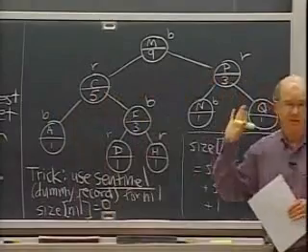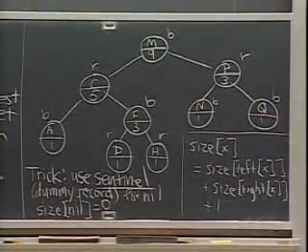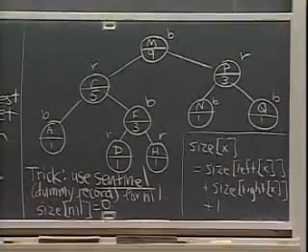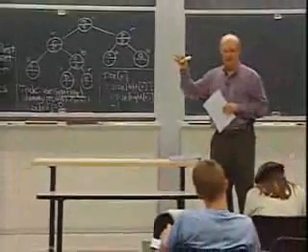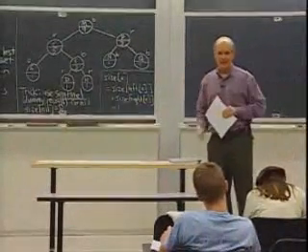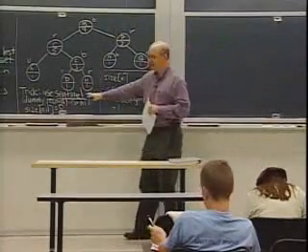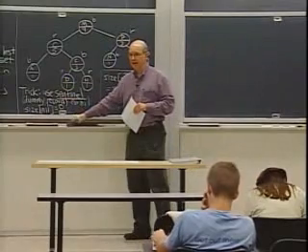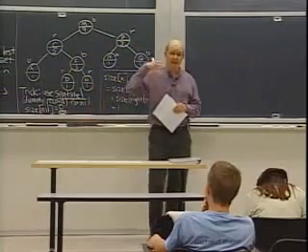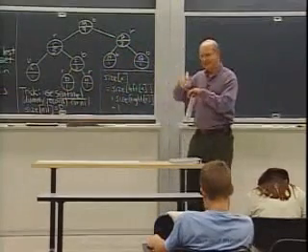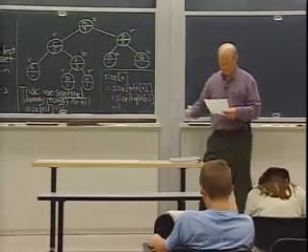So instead of any place I would have used nil in the tree, I'll have a special record that I'll call nil, but it'll be a whole record. That way I can set its size field to be 0, and then I don't have to check that as a special case. That's a very common programming trick, to use sentinels to simplify code, so you don't have all these boundary cases or have to write an extra function when all I want to do is index the size of something. Okay, everybody with me on that?